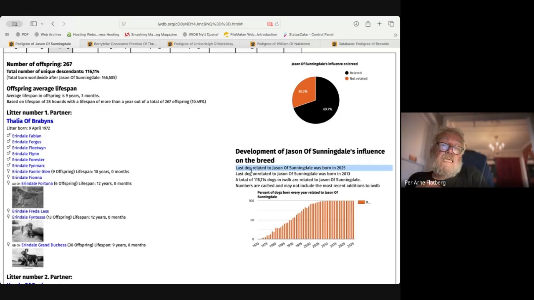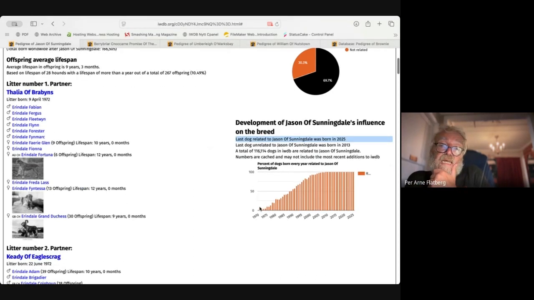And there's 116,114 descendants of him that have him in their pedigree. And what you actually see in this graph is how his influence has increased from the early 1970s, where very few dogs were related to him, up until 2005, when we had 97%.